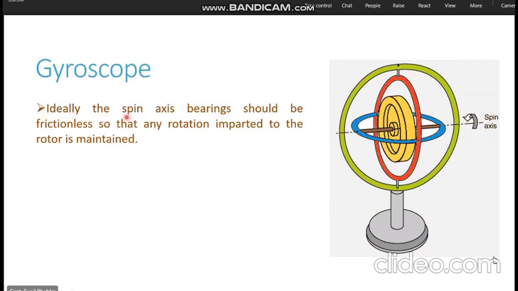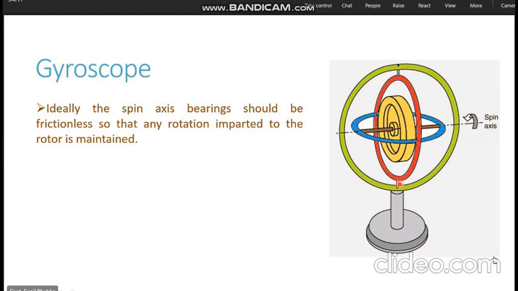Now ideally the spin axis bearings, these three sets of ball bearings which we have fitted here, one at the ends of the brown rod, second set at the connection point of the blue and red ring, and third set of ball bearings at the connection point of red ring and the green outer member, one on top and one at the bottom.